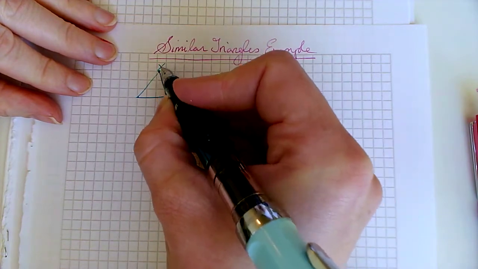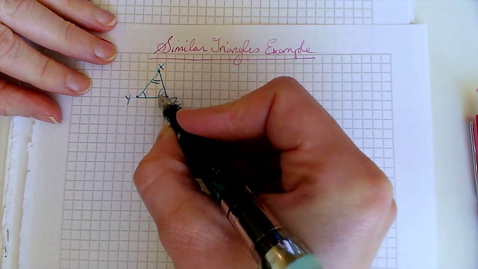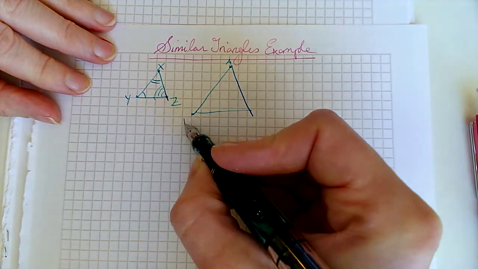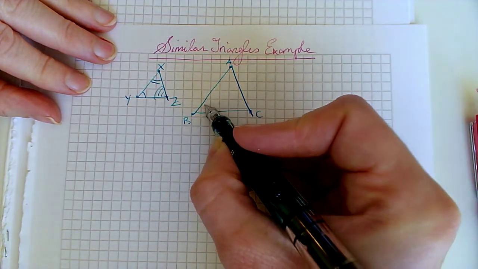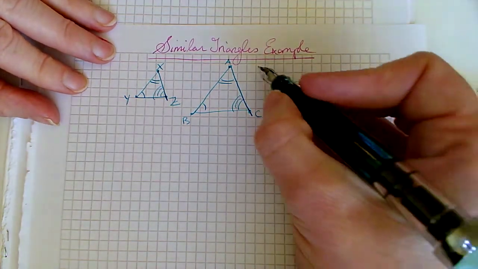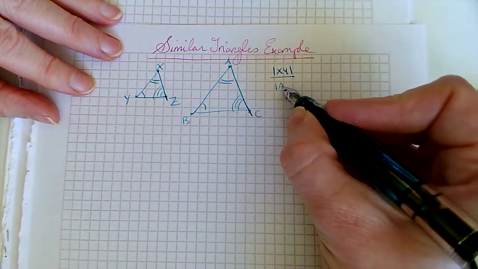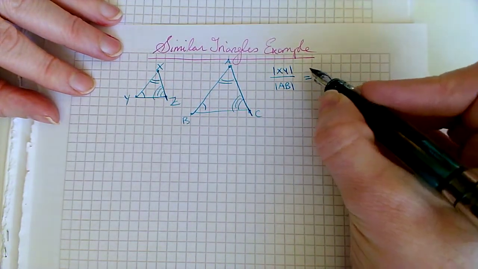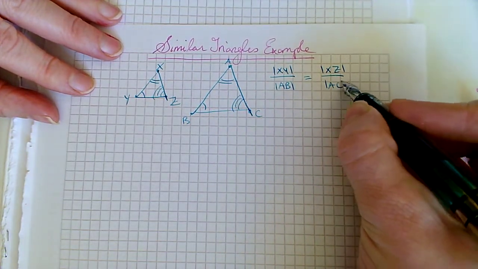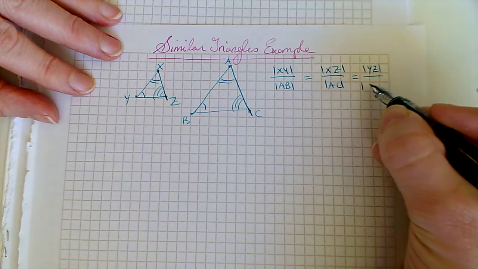If I have a triangle XYZ that is similar to a triangle ABC, then their sides are in proportion in order, meaning that XY divided by AB is the same as XZ divided by AC, which is the same as YZ divided by BC.